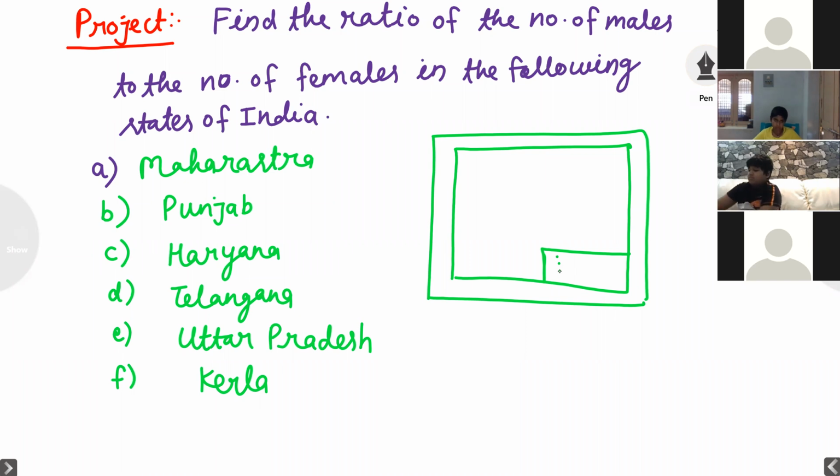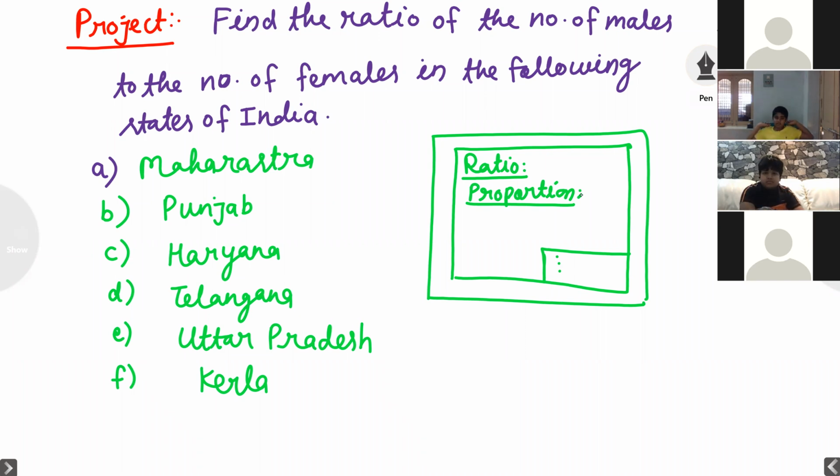After that, you have to write first what is ratio, then what is proportion, these two topics. After that, you will write the ratio of the number of males and females of various states.